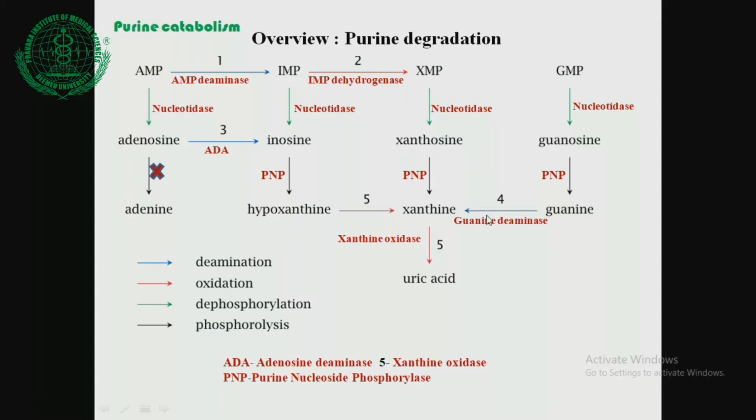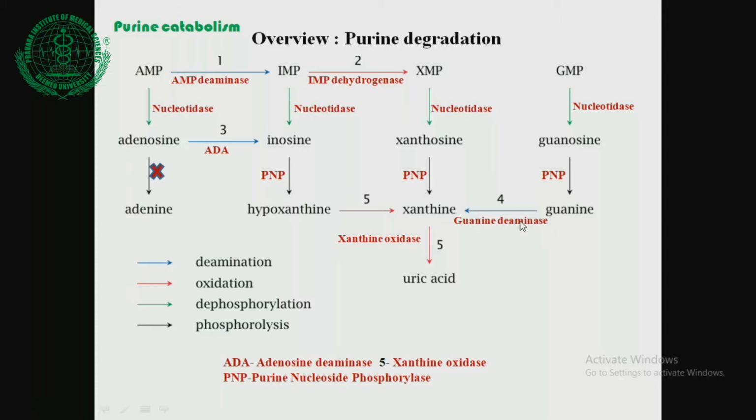Similarly, xanthosine is converted into xanthine, and guanosine is converted into guanine. All these steps are mediated by purine nucleoside phosphorylase. The hydrolysis of the nucleoside into a purine base and a liberated pentose sugar, which is incorporated with inorganic phosphate and liberated as ribose 1-phosphate.